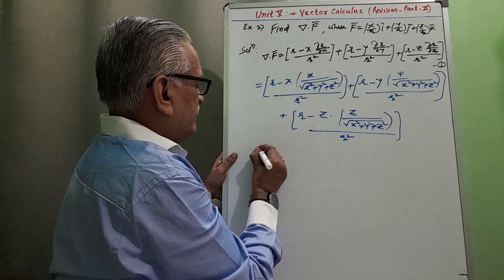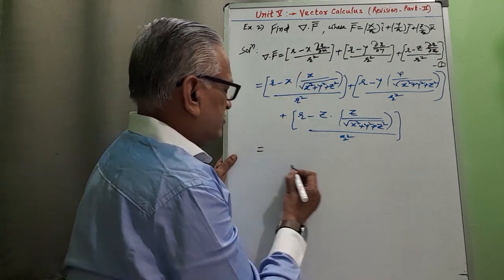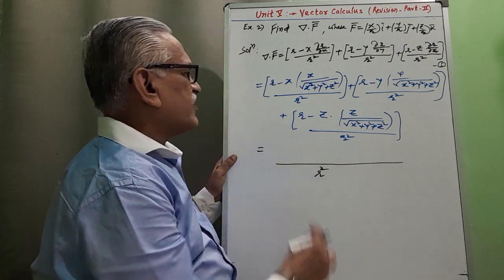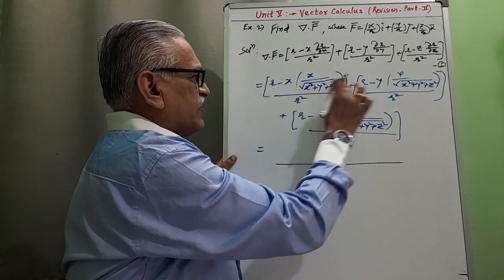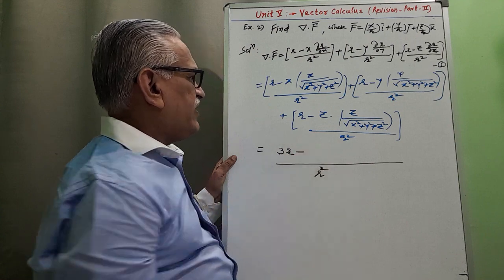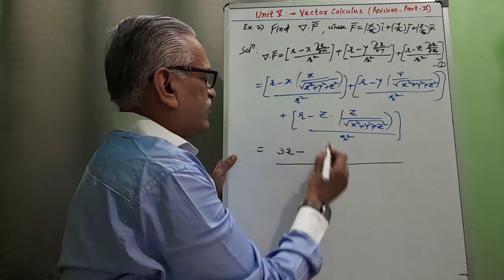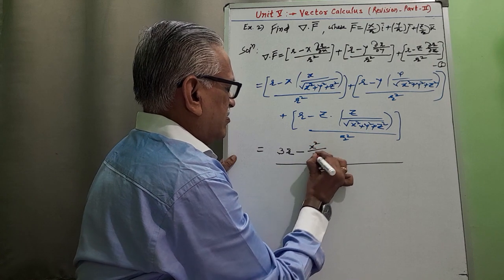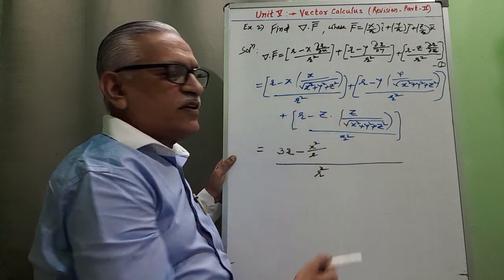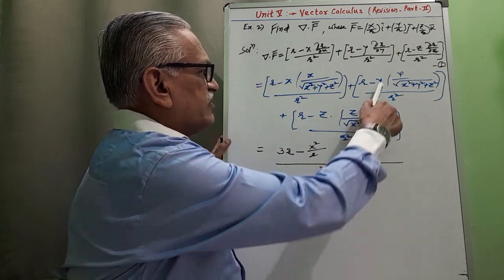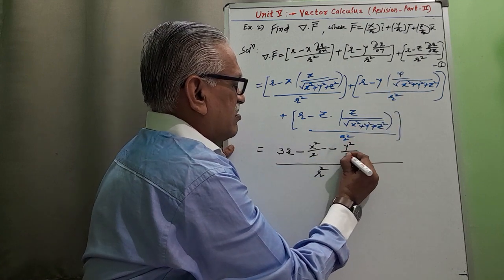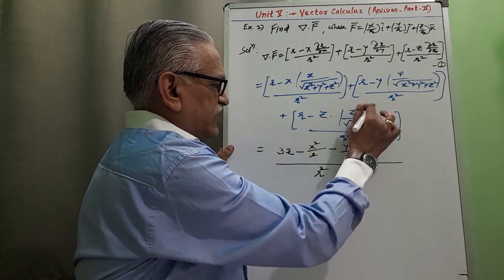Simplifying it, the denominator is the same, therefore we can take LCM as r square. This is r plus r plus r, we get 3r, minus x square divided by r square, x square by r, since square root of x square plus y square plus z square is nothing but r, minus y square upon r, and minus z square upon r.